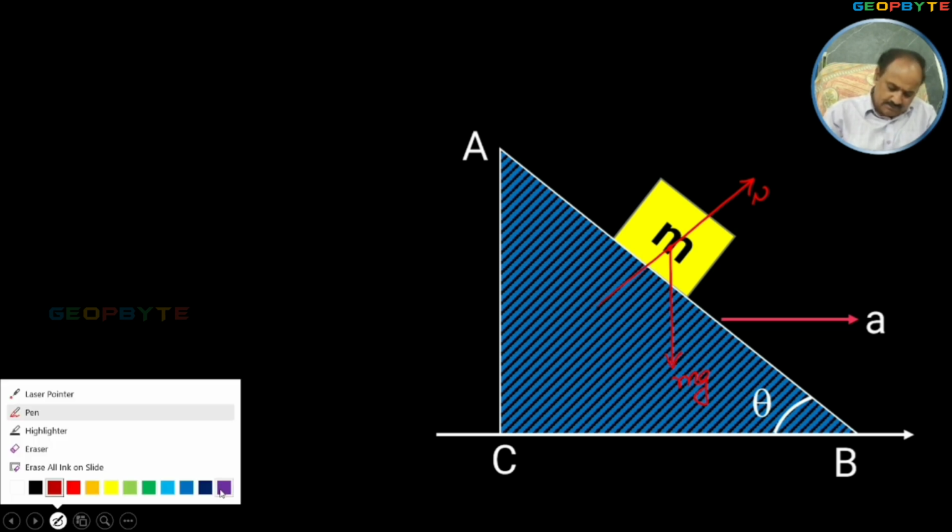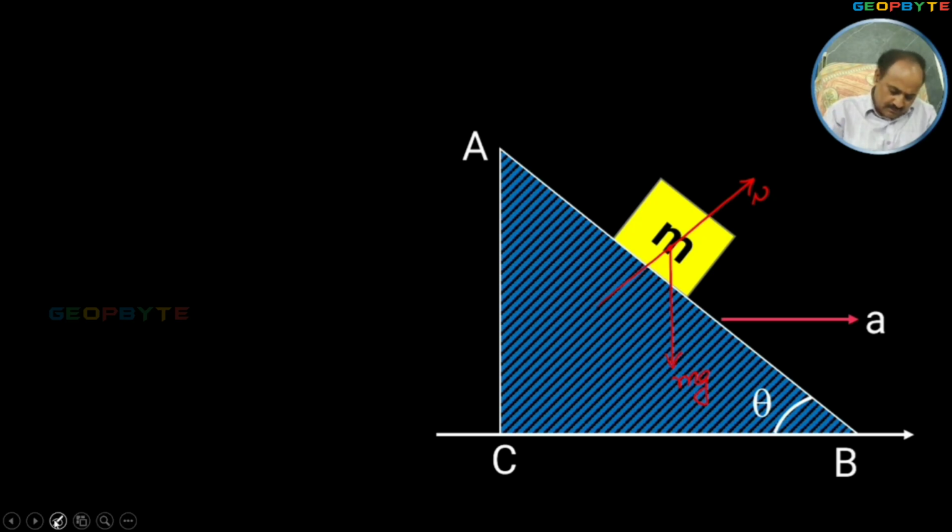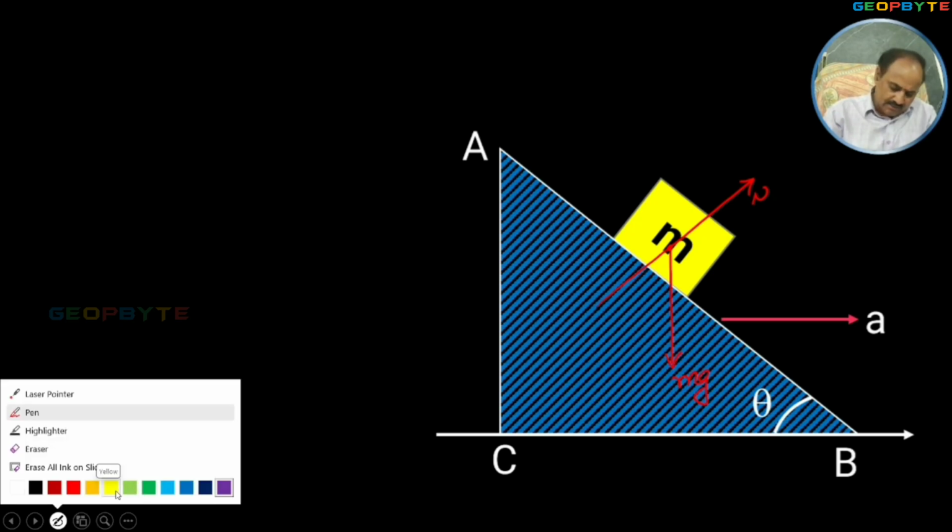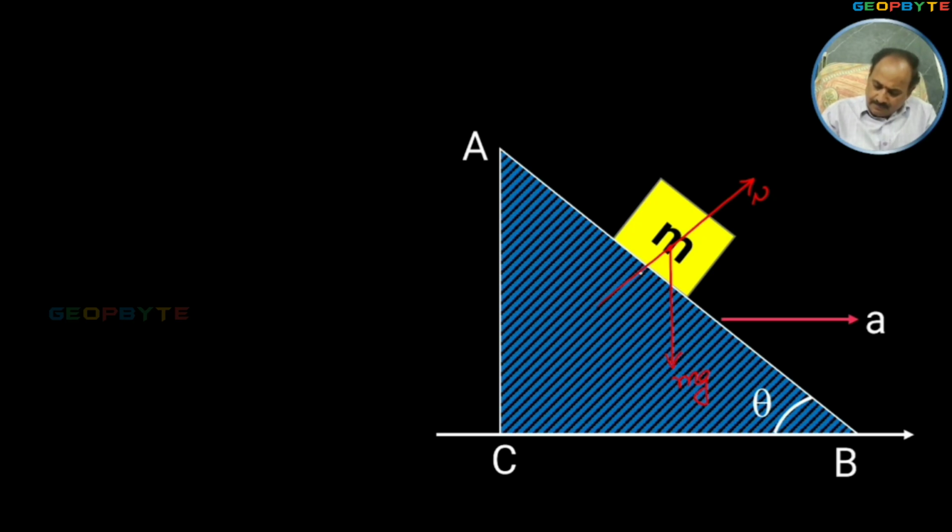Be very careful while you are selecting the color. This is the angle theta. Then it is developing two components of weight: this is mg cos theta, and this is mg sin theta.